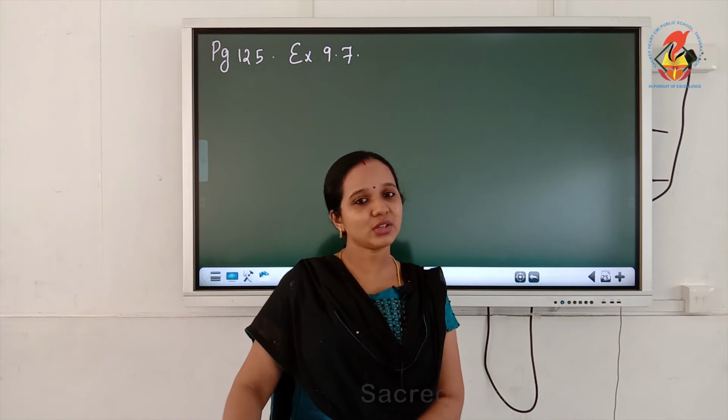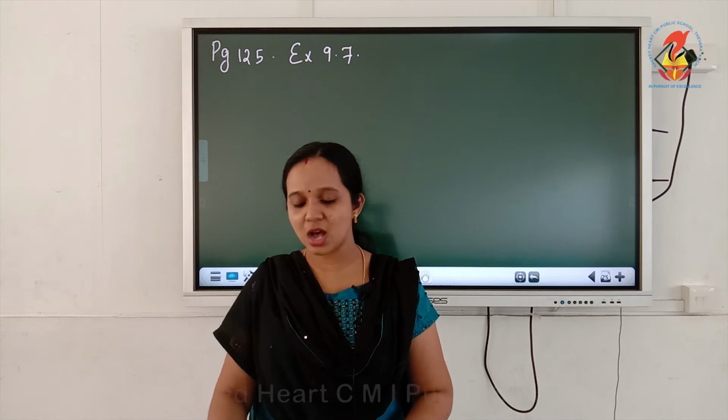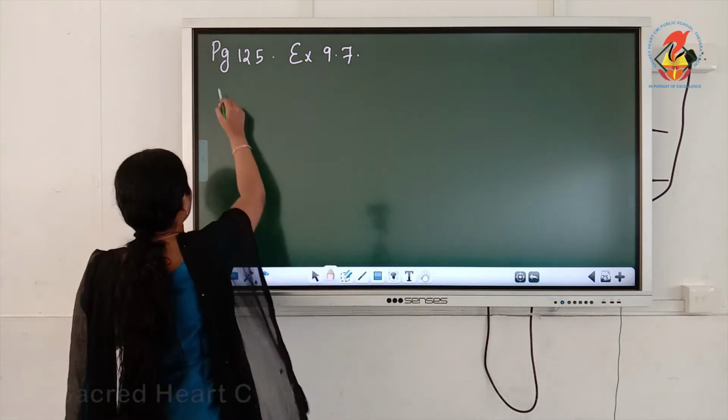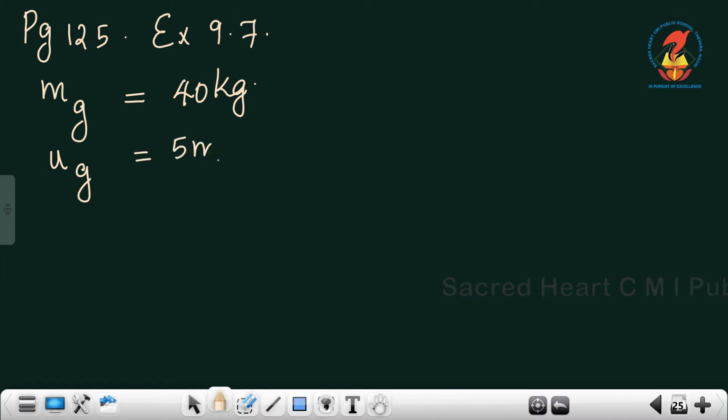So, let us write the given quantities first to do the numerical problem. A girl of mass 40 kilogram. So, the first object is the girl and the mass of the girl is represented using the letter mg. Mass of the girl is 40 kilogram. Jumps with a horizontal velocity of 5 meter per second onto a stationary cart.